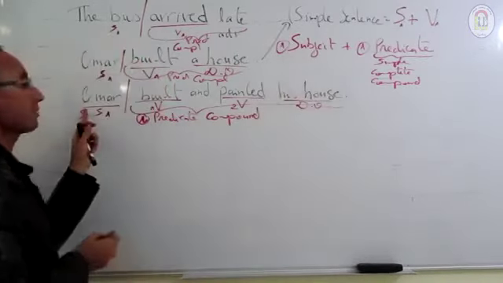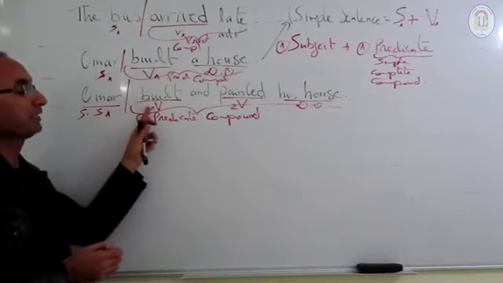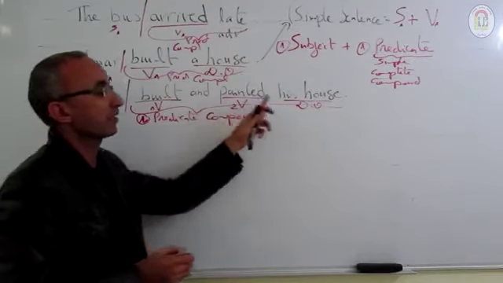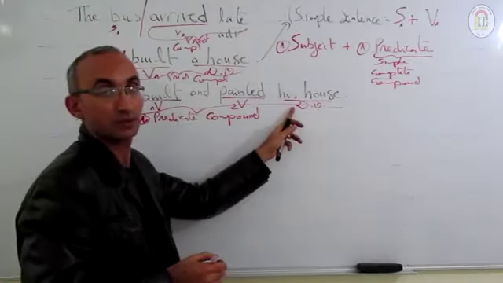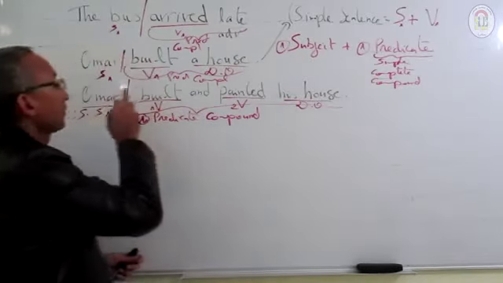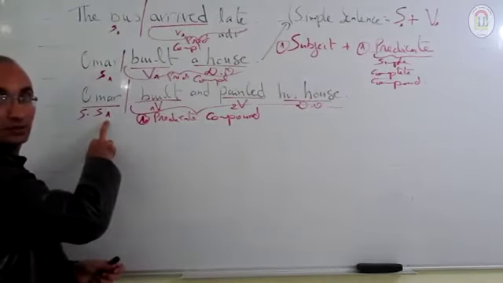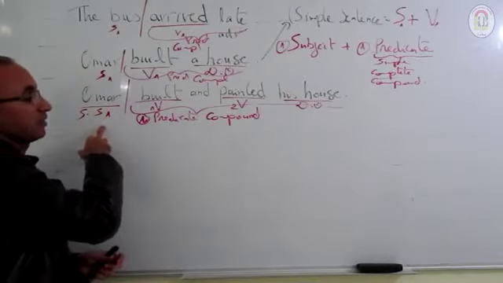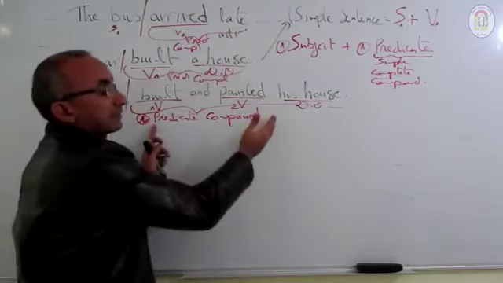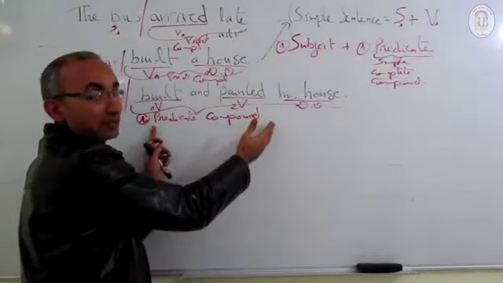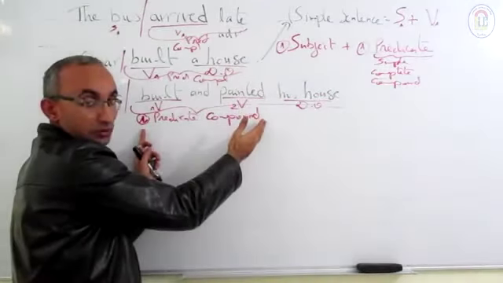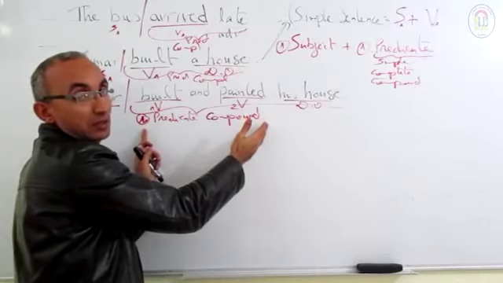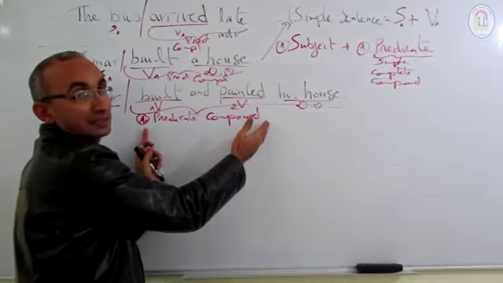For example, I write here, Omar and Ahmed built and painted the house. So I should have always one subject, of any type, and one predicate. And this is my structure of the simple sentence.